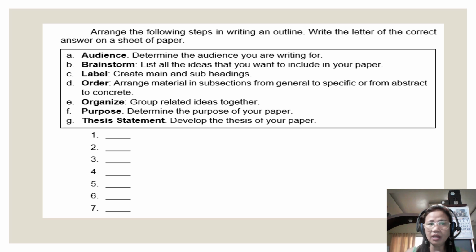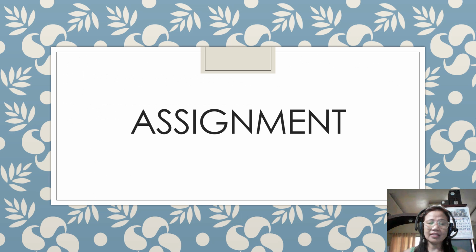Is it letter A, letter B, letter C? Okay, all you have to do is to arrange them in chronological order or according to their purposes in an essay. All right? Next, for your assignment, you have to write this on a long bond paper.